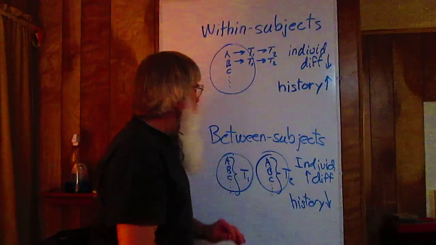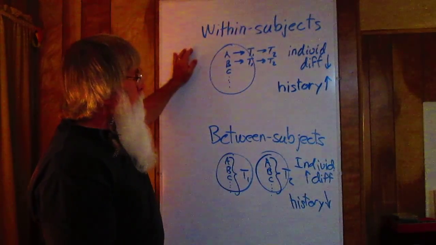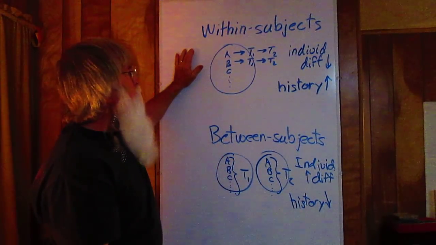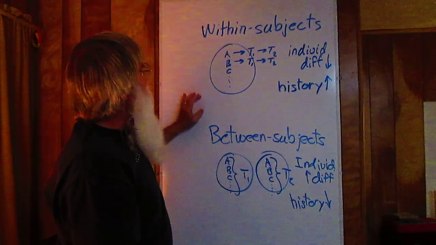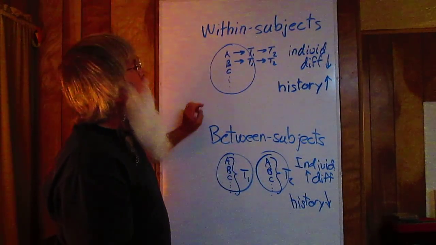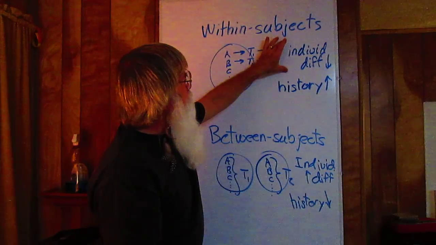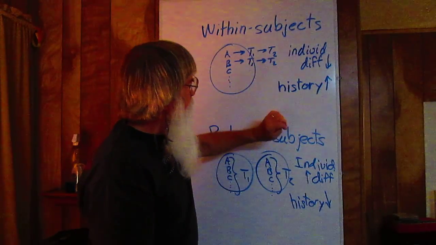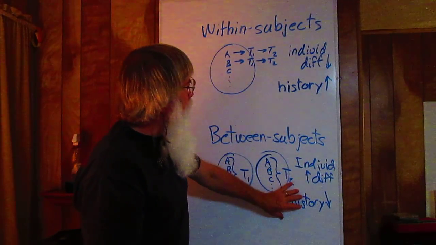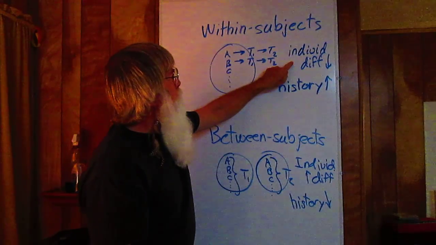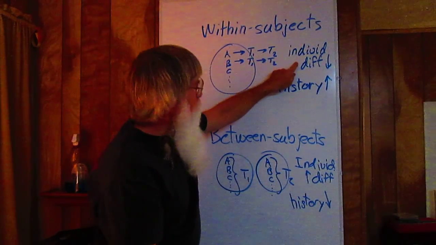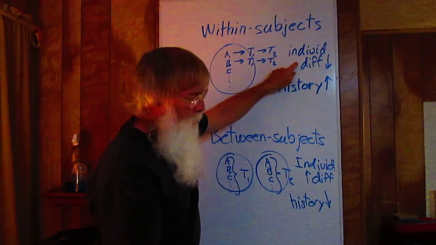So those are the aspects of within subjects design and between subjects design, the advantages here and the advantage here. The advantage of within subjects, individual differences do not affect the outcome as much.